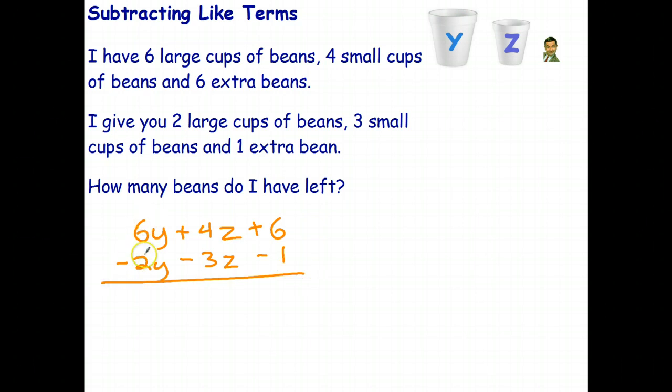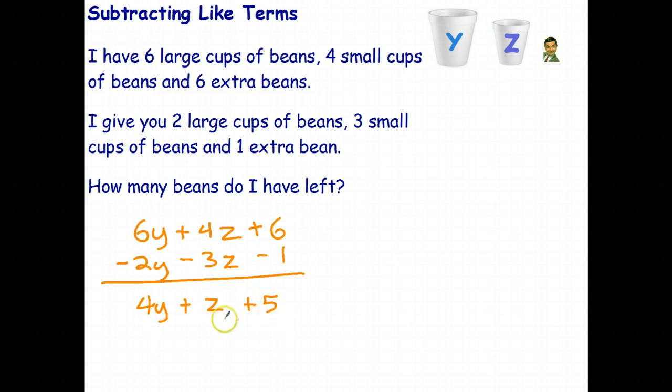So when I do that, once again, I can only add and subtract the terms with the same letter part. 6y take 2y means I've got 4y beans. I got 4 cups of beans. 4z take 3z, I've got 1 smaller cup of beans, and I had 6 extra beans, and I've given away 1, so I've now got 5 extra beans.